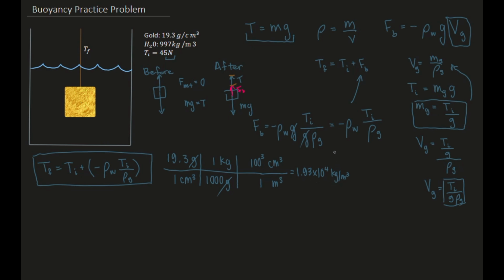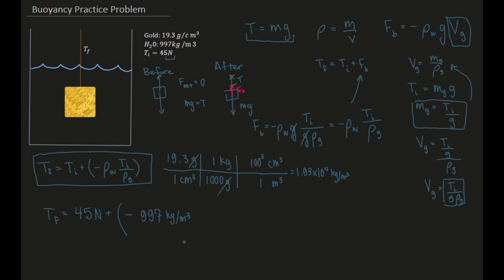So my final tension is going to be equal to that initial 45 newtons plus the negative density of the water, 997 kilograms per meter cubed. I always like to put all my units in the equation because when everything cancels out, if you get the final unit, everything should add correctly. Your units should match, and that's a good way to tell if you've done the algebra correctly.